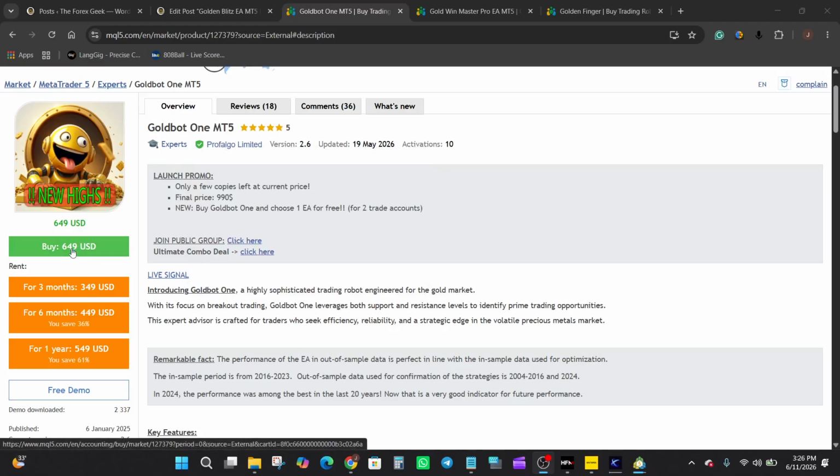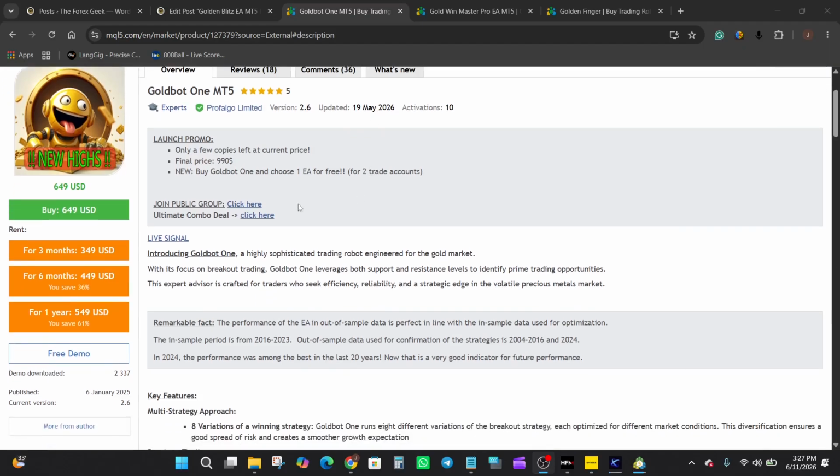There are also flexible rental options available, including 3 months going for 349 US dollars, 6 months going for 449 US dollars, and a year going for 549 US dollars, with discounts applied depending on the duration. The version shown here is 2.6, updated on May 19th, 2026.